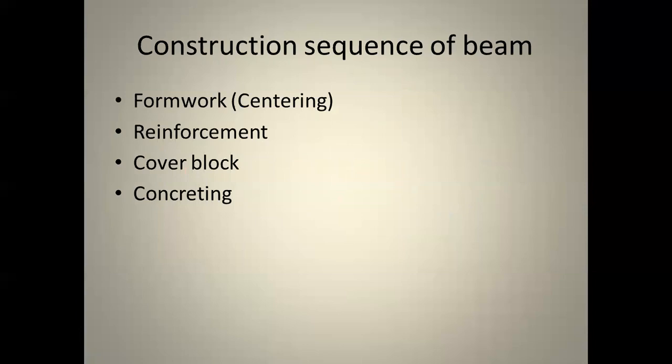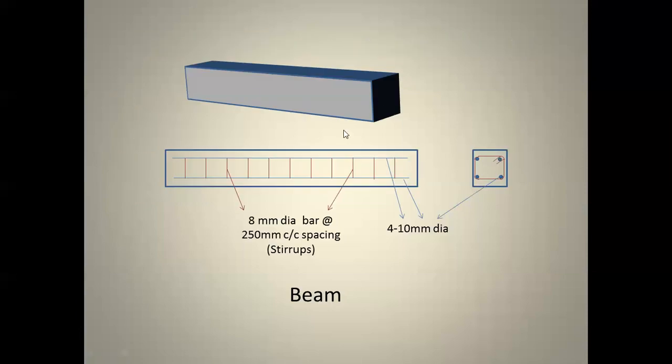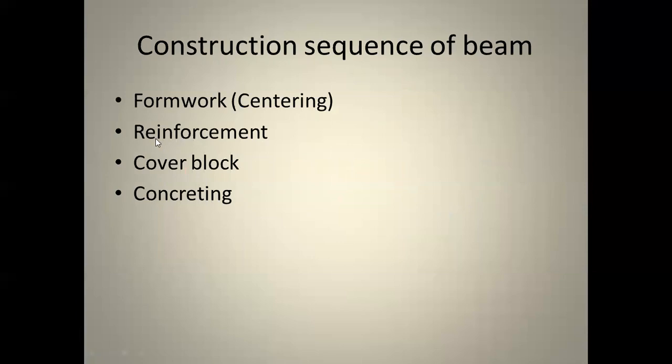So now let's see the construction sequence of the beam. First we have to make the formwork. This formwork can be specifically called centering because beam is a horizontal member. So first we'll make all the shuttering at the bottom and this side, that side. And next step, the reinforcement.